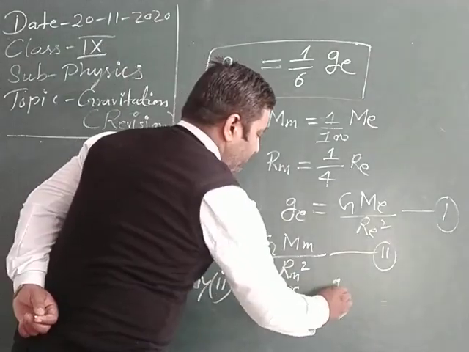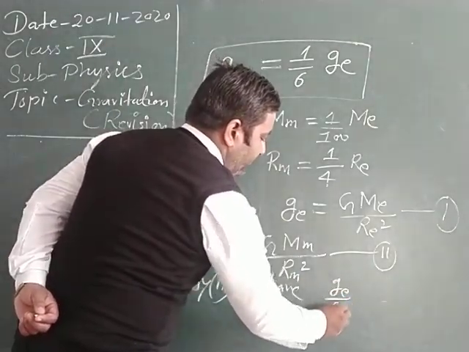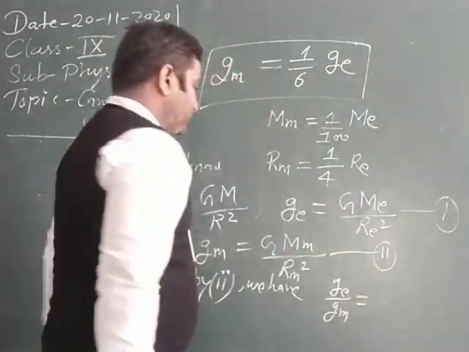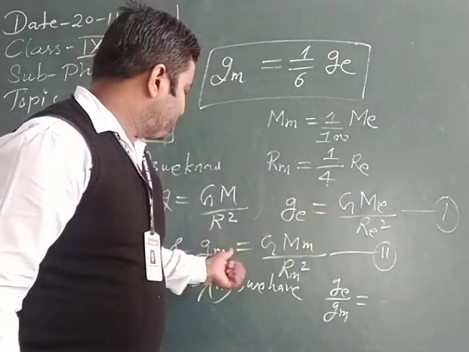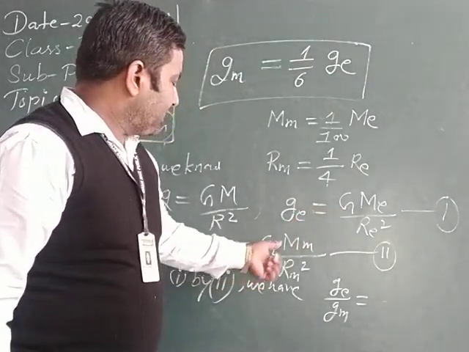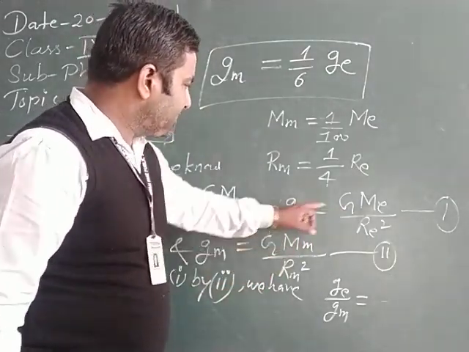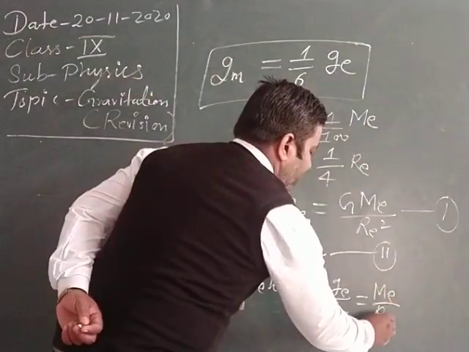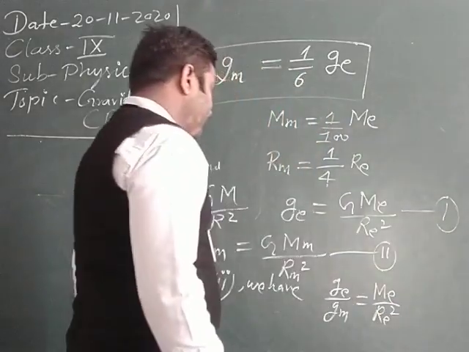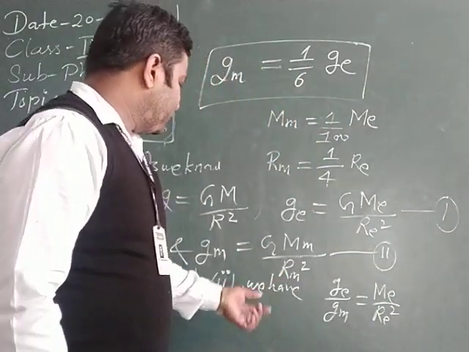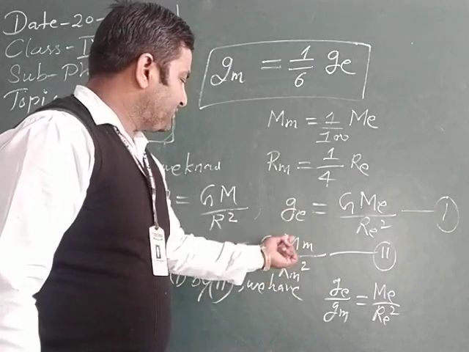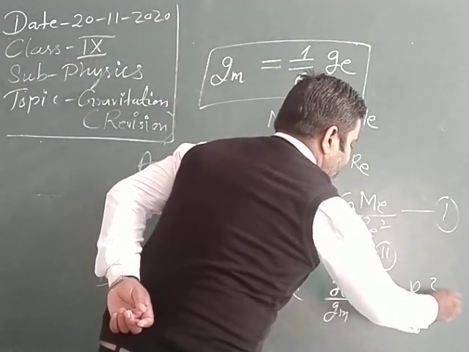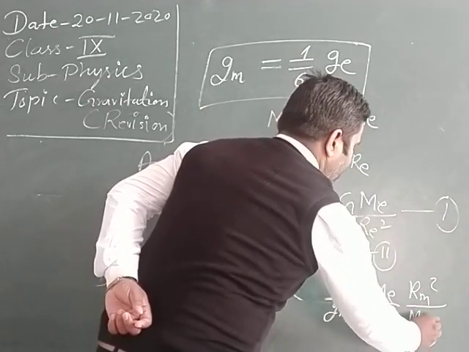Ge upon Gm is equal to, let's see, capital G will be cancelled out, and then here Me upon Re square, and when you take Gm in the denominator, it will reverse: Rm square in the numerator and Mm in the denominator.